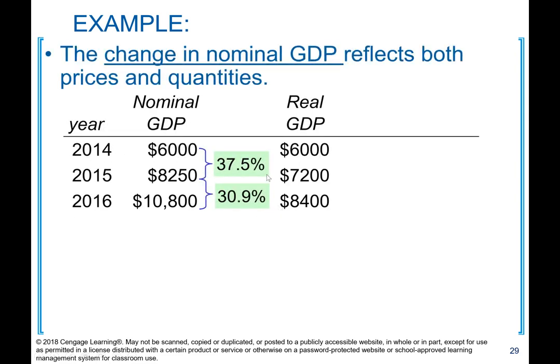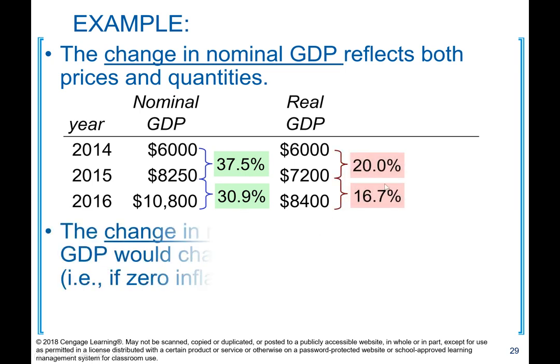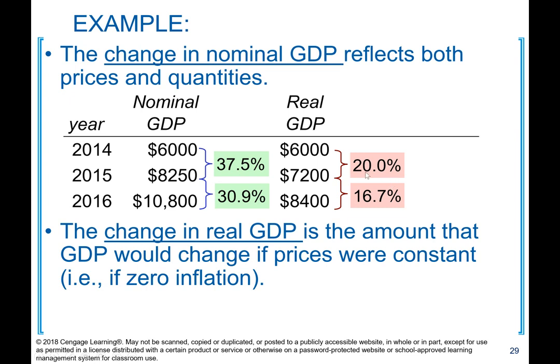And when we calculated the percentage change, nominal GDP increased from 14 to 15 by 37.5%. From 15 to 16, it increased by 30.9%. Real GDP, as we have seen, increased between 14 and 15 by 20%, and between 15 and 16 by 16.7%.